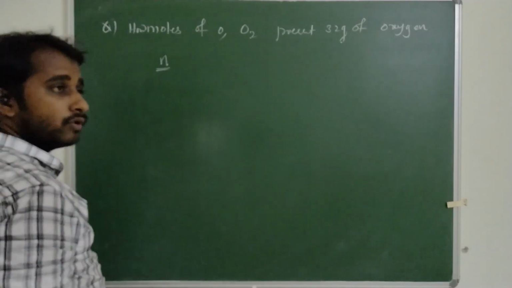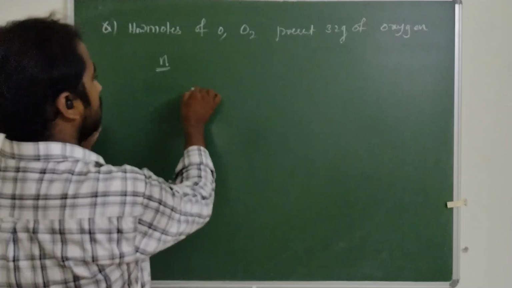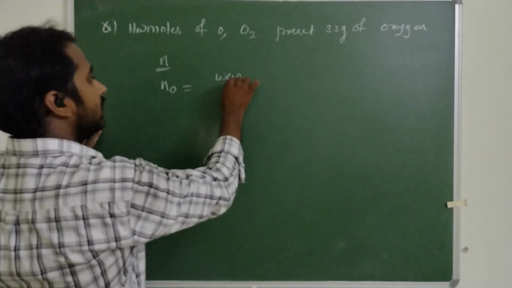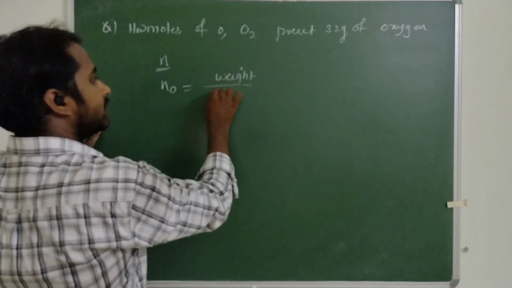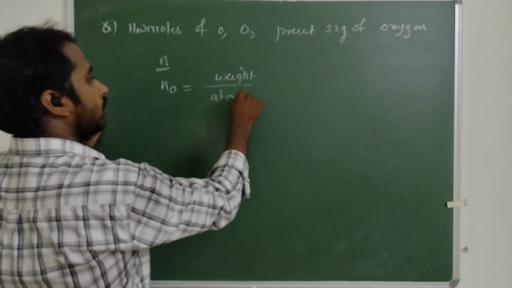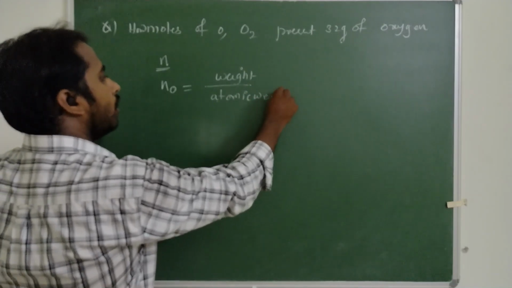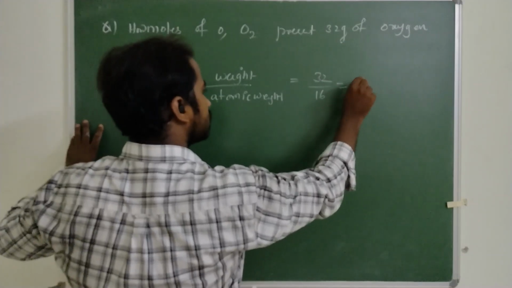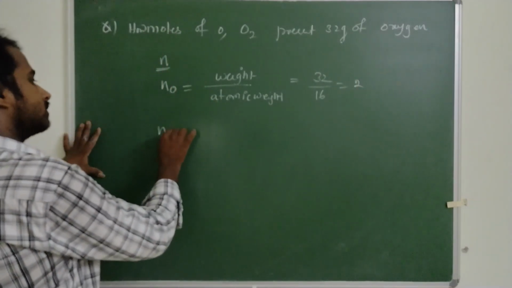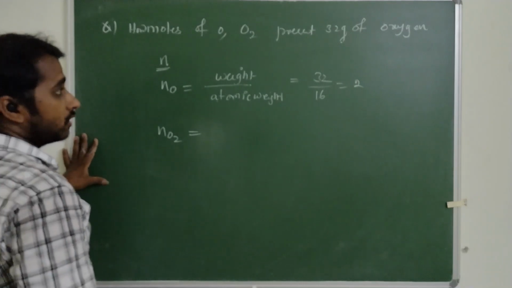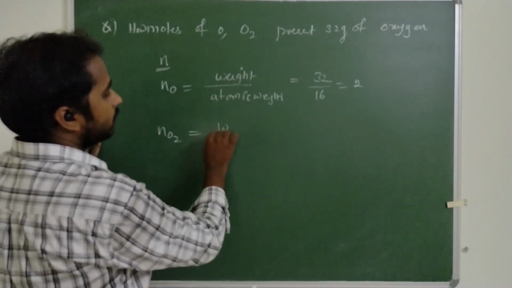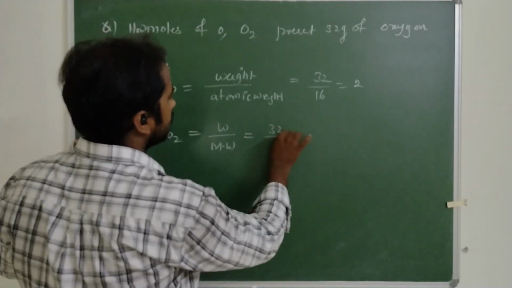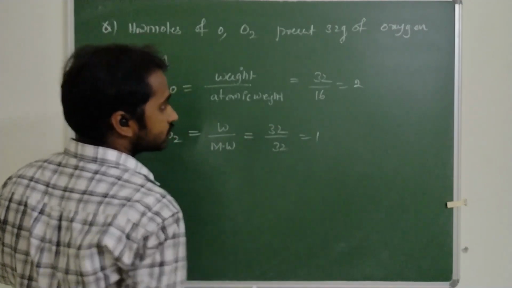Coming to the number of moles of oxygen atoms, number of moles of oxygen atom is equal to given weight by atomic weight. The given weight is 32 grams, atomic weight is 16. So 2 moles. For dimolecular oxygen, the same formula, weight by molecular weight. The weight given is 32, molecular weight is again 32, so 1 mole.